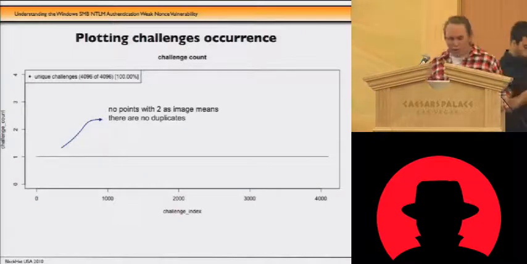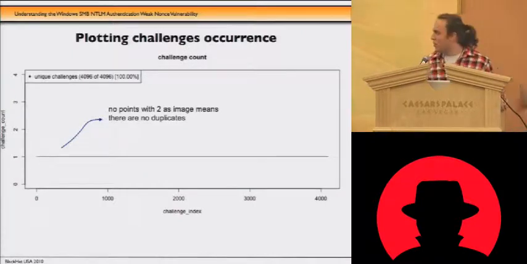Hi. So we wanted to have a visual idea of how often the server was generating duplicate challenges. So we performed multiple connections to the server and saved all the challenges. We saved a sample of 64K samples, and we tried to plot them.